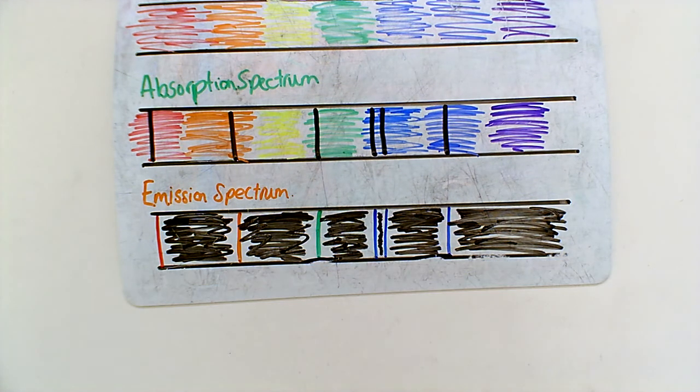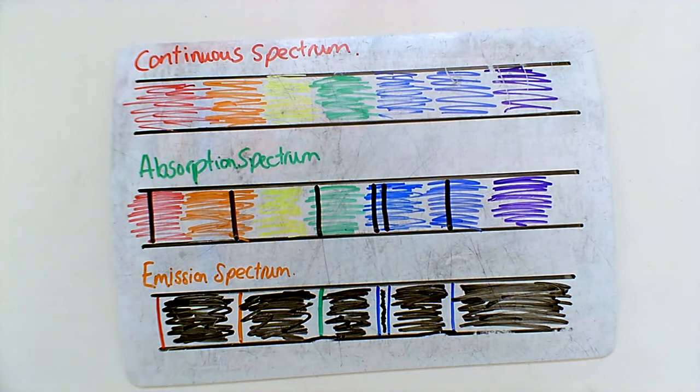Now if we look very closely at the lines, you will see that the lines in the absorption spectrum that are missing are equal to the lines in the emission spectrum that we see. And that's because that line, say if that was an electron going from n equals 1 to n equals 2, that line is absorbed by the sample to allow that transition upwards.